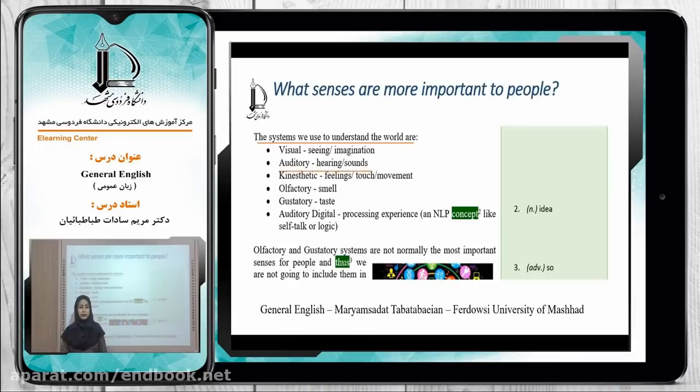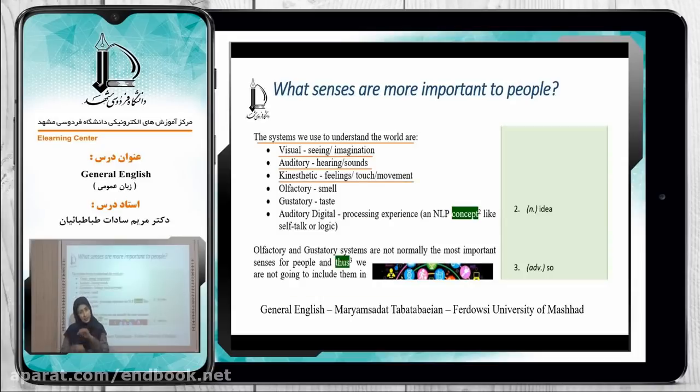Look at the first one. It's visual. What is visual? Seeing. That's our visual sense. The second one is auditory, or hearing. Then kinesthetic.